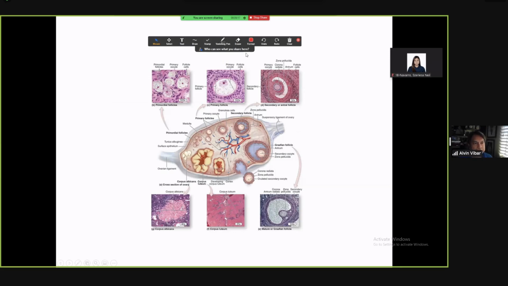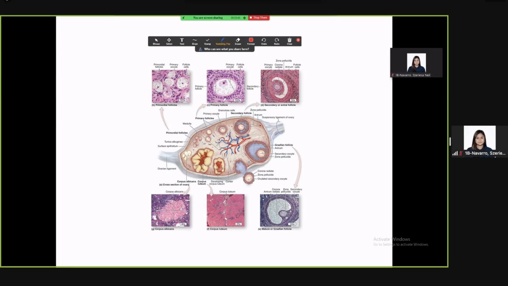So let's review again before we go to the next organ. You have your primordial follicles, the most immature. What will be the lining of the primordial follicle? The primary oocyte is surrounded by a single layer of flat follicular cells, so this is lined by simple squamous.